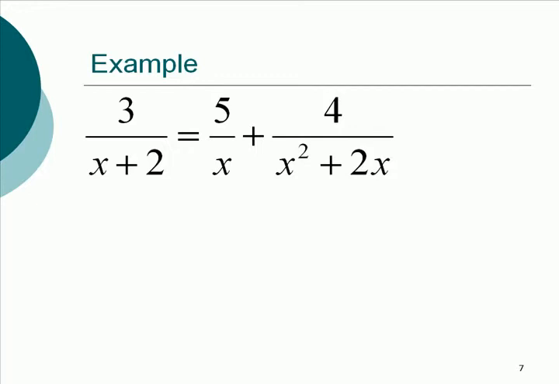3 over x plus 2 equals 5 over x plus 4 over x squared plus 2x. To save a little bit of time and space, I'm going to write that on the board while factoring it.